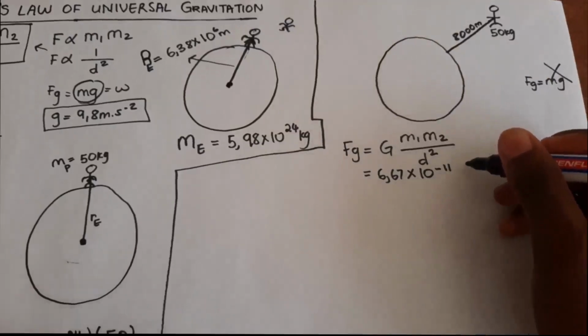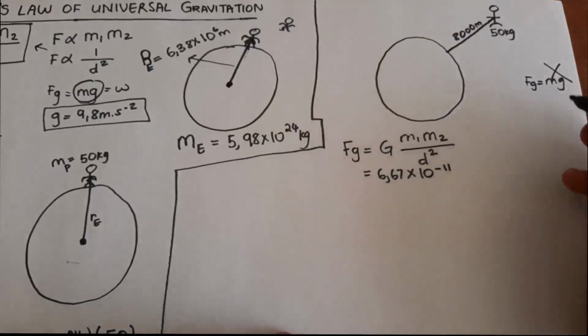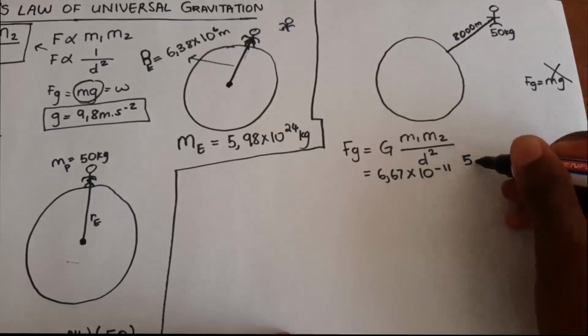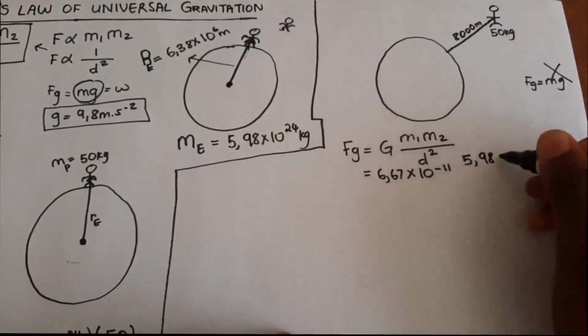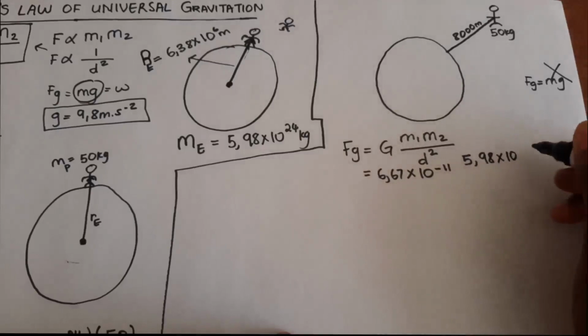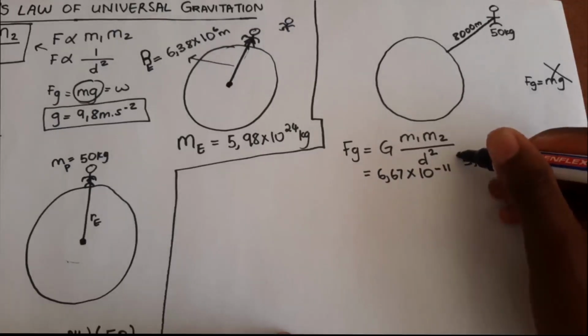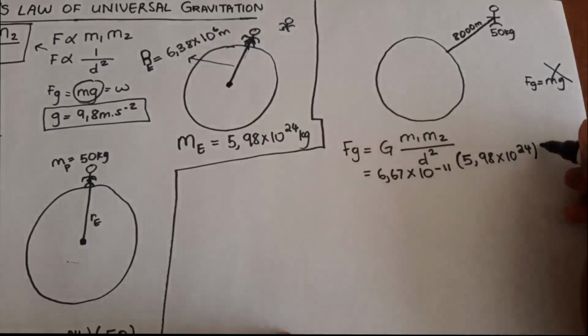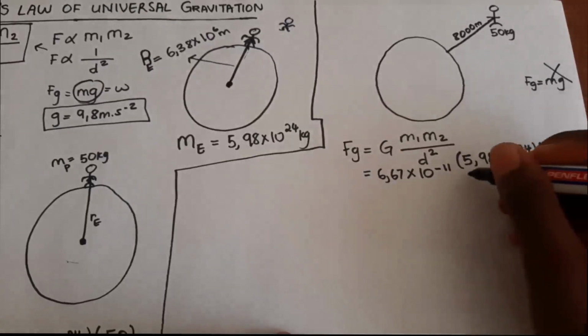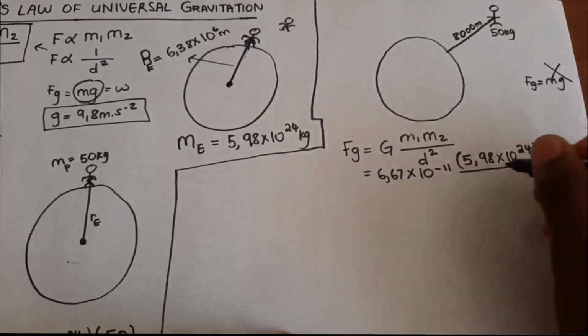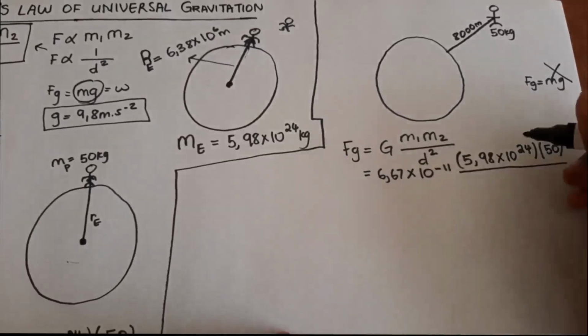What's the mass of the earth, guys? The mass of the earth is always constant, it's 5,98 multiplied by 10 to the power of 24. What's the mass of that person? The mass of that person is 50 kg, over d squared. What's d squared?